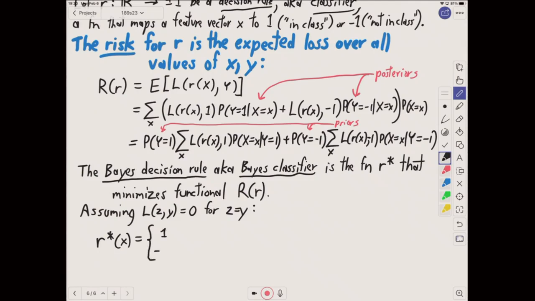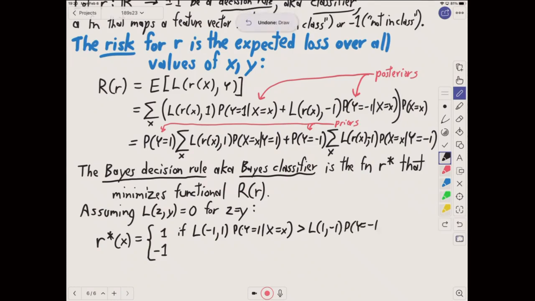We either choose 1, it's in class, or -1, it's not in class. When do we output 1? We output 1 if this expression is greater than this expression. And if that's not greater, then we output a -1.